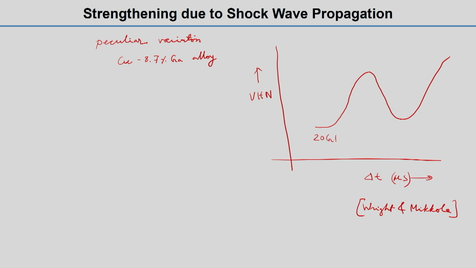This is at 20 gigapascal shock, and if you increase the shock, it will go a little higher. Why does this happen? This behavior is due to a time dependent plastic deformation process.